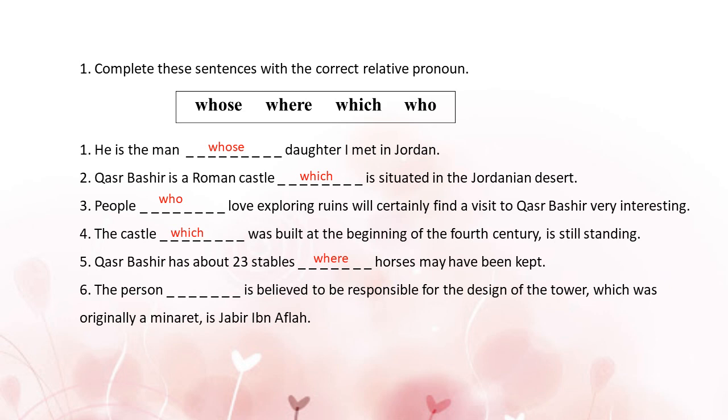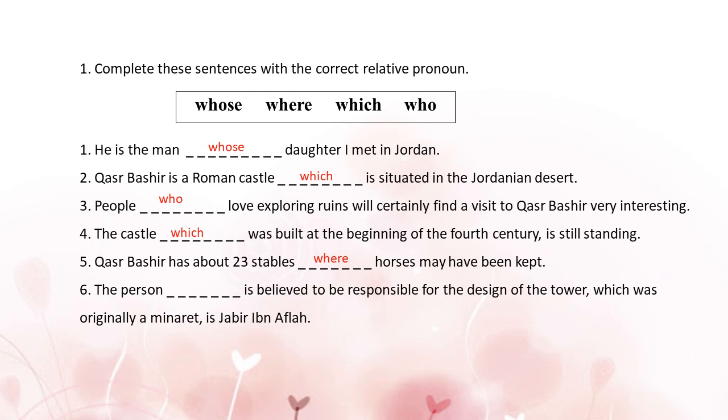Number 6. The person is believed to be responsible for the design of the tower, which was originally a minaret, is Jabir ibn Aflah. Here we are talking about a person, so we have to choose between whose or who. We can't put where or which for people. If we have possession, something belonging to this person, we should choose whose.